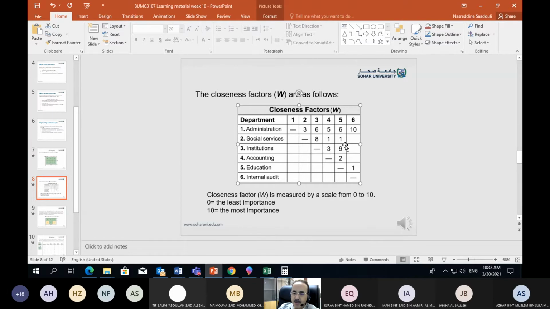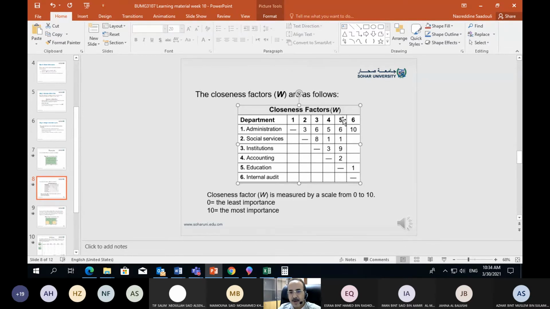Whereas when I see a 1, for instance, between social services and 4, which is accounting, it means that it's not that important. So the higher the number, the more important it is. And therefore we can see already the large numbers. 1 and 6, it's important that they are close to each other because they have a high closeness factor. 2 and 3, because there is a score of 8.